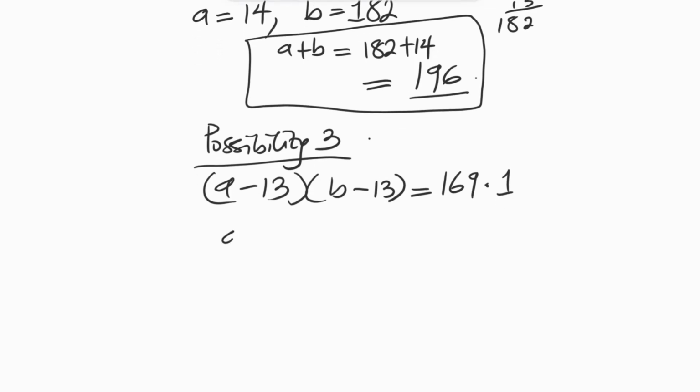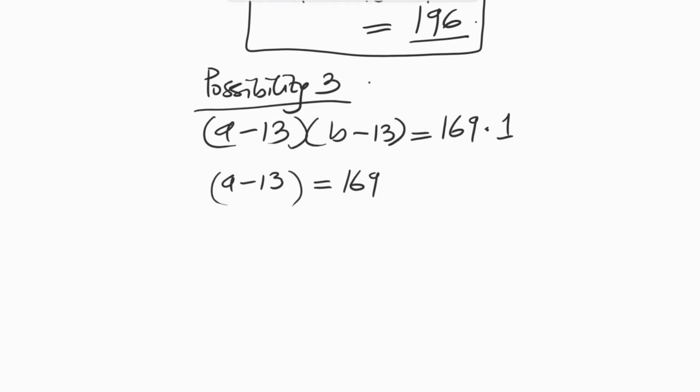So we have a minus 13 equals 169, and we have b minus 13 equals 1.